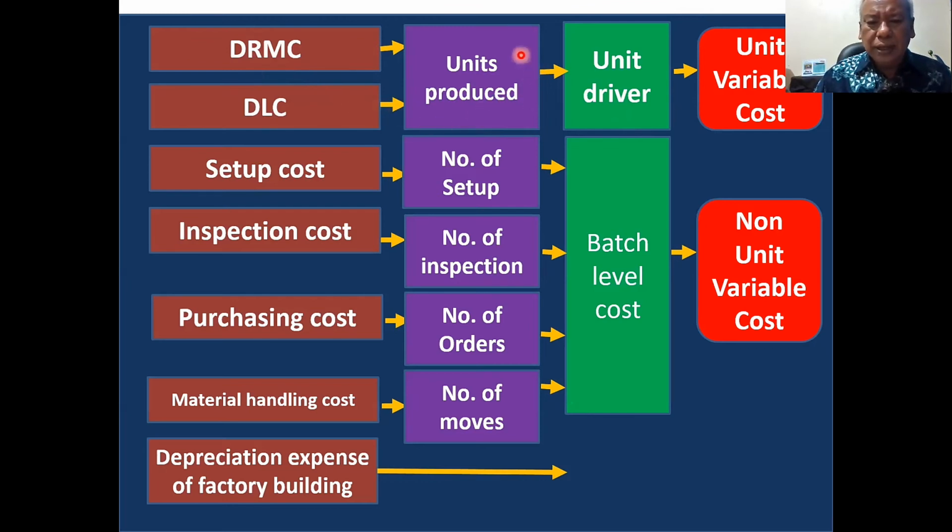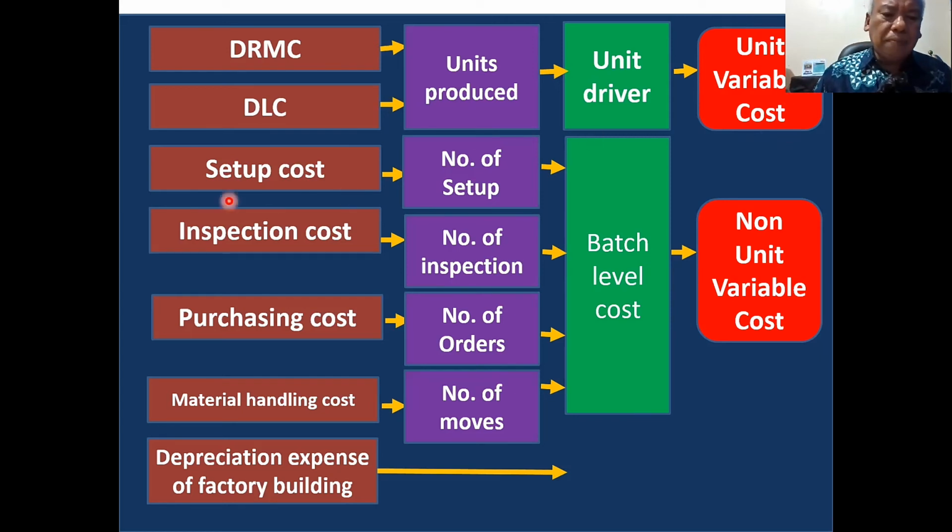The units produced are the unit drivers. Because these costs change related to the unit drivers, in this case the units produced, we can classify them as unit variable costs.